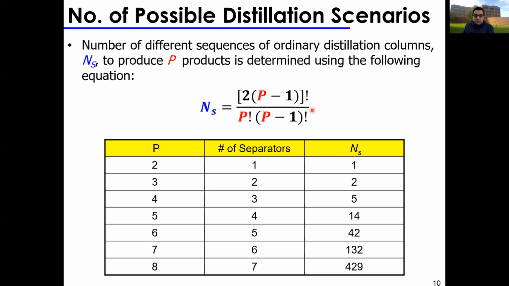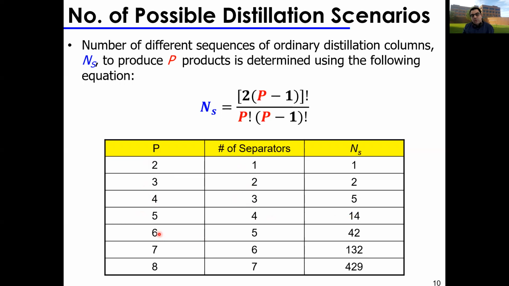If I want to separate 2 products, 1 separator is enough. If I want to separate 3 products, 2 separators is enough. And now it starts deviating, right? If I want to separate 4 products, I need 3 separators, and NS becomes 5. If I want to separate 5 products, I need 4 separators, and the number of sequences is 14.